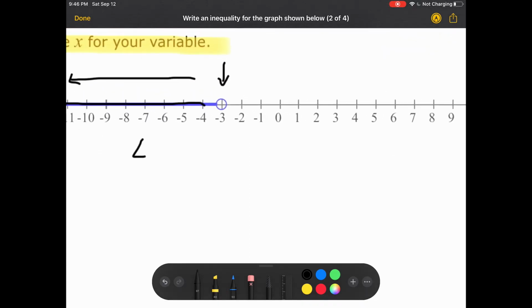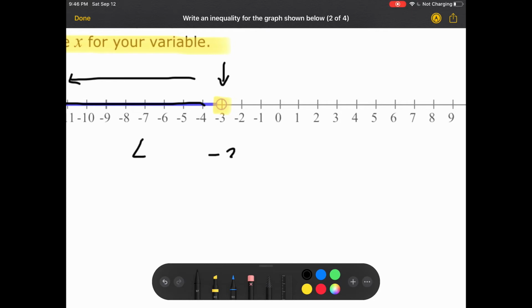Notice that this dot here is open. When you have an open dot in this question, it's telling you that it doesn't equal -3, but it's all the values below -3.